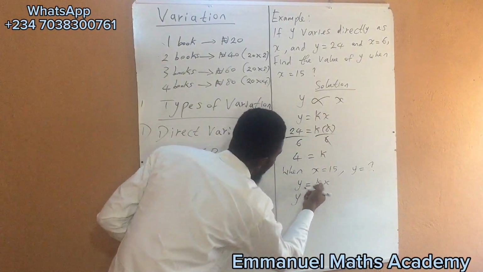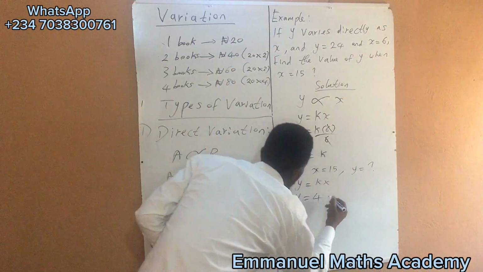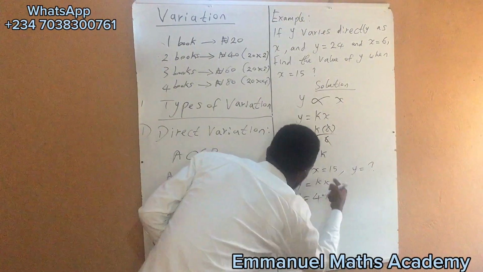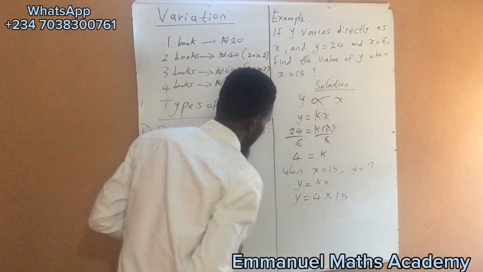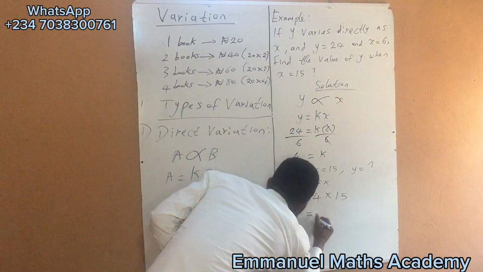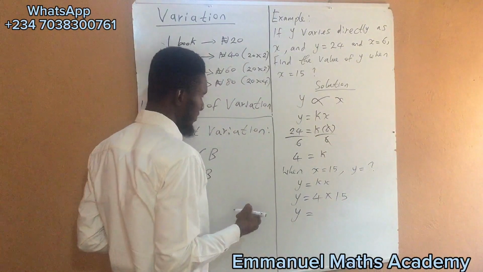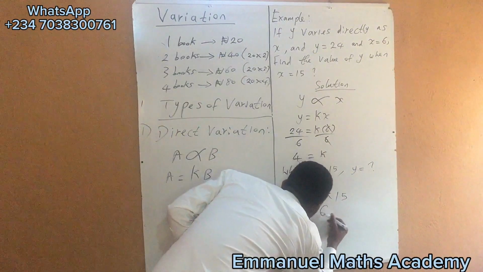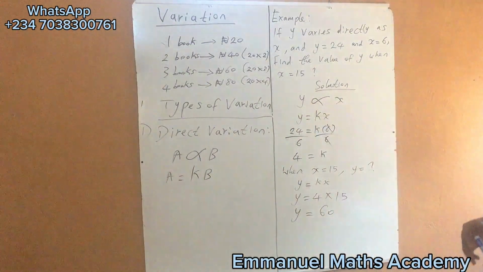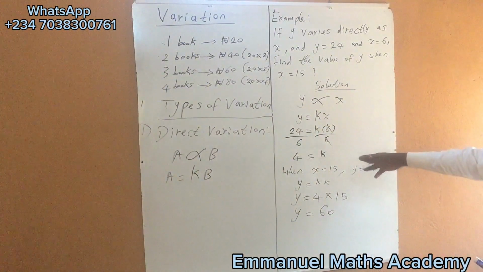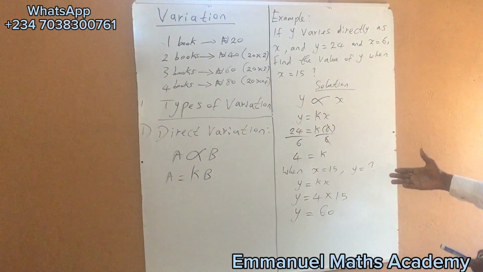We have already gotten our K, which is 4, times X. What's our X here? 15. Now Y is equal to 4 times 15, which gives you 60. Now, this is your final answer. As simple as that. Let's look at another example.